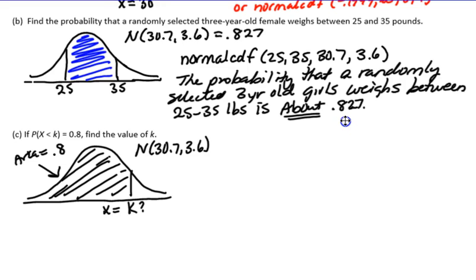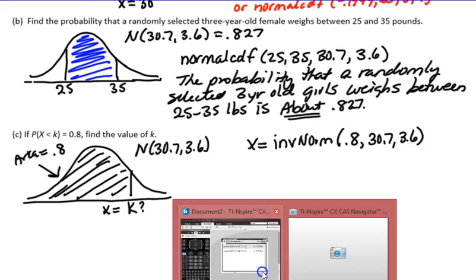So let me remind you that you find x using inverse normal. So inverse normal of 0.8, and then my mu and sigma, 30.7 and 3.6, would give me the answer. On the calculator, let's just see what that looks like.